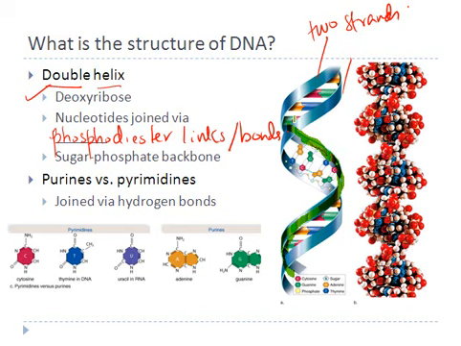Now in between the two ribbons, you see a region which is almost like the steps of a ladder. These steps are not made by hydrogen, they are put together by hydrogen bonds. They are made by the nitrogenous bases, and the nitrogenous bases connect to each other through hydrogen bonds.